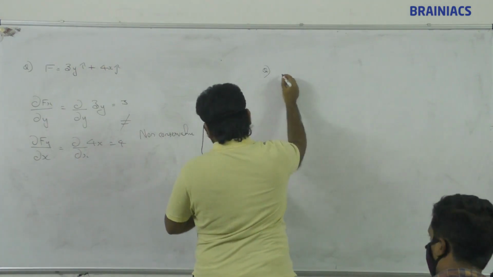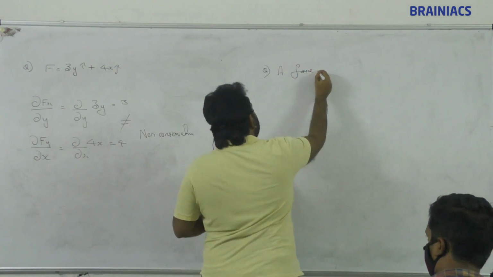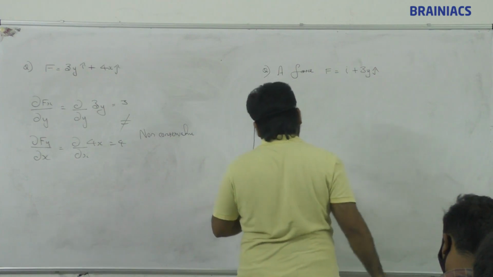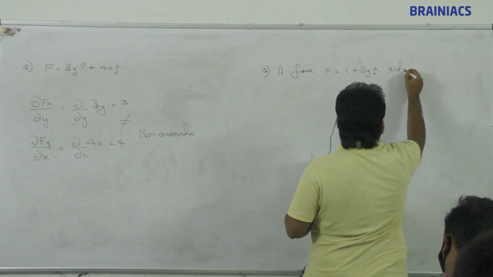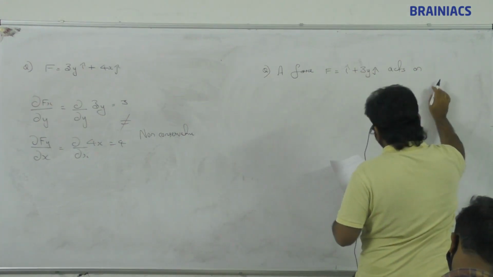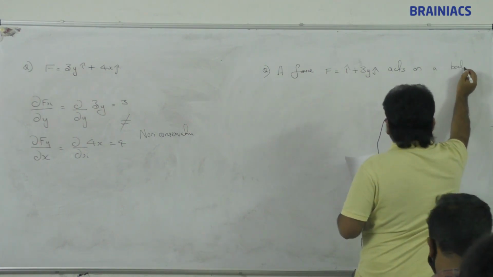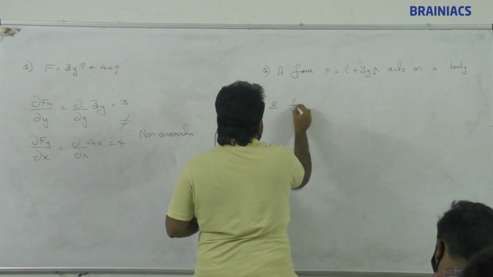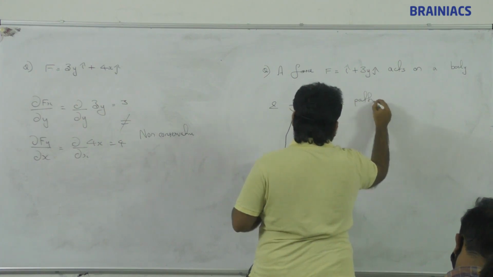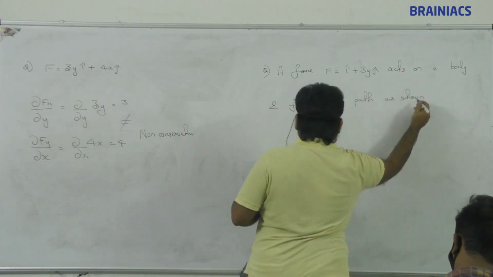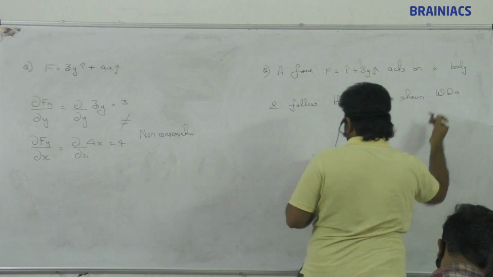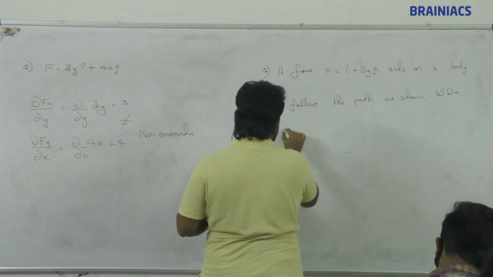A force F is equal to 3y j acts on a body and follows the path as shown. Is the work given? The path is given.